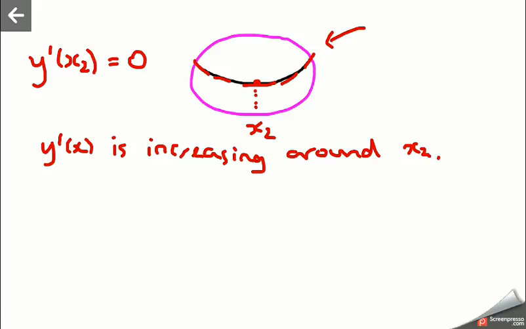And so we must have that our function does take this kind of shape with x2 at the bottom of that little hill if we draw a small enough circle around x2. And so that must mean that x2 is a local minimum.